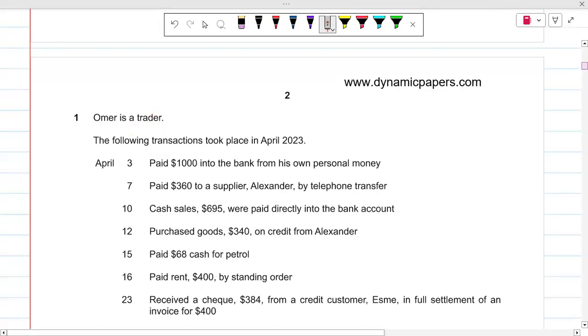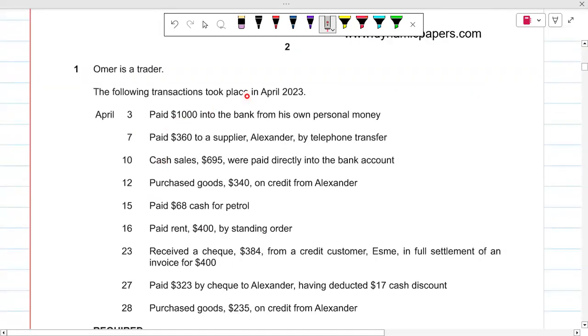The following transactions took place in April 2023. April 3: paid $1,000 into the bank from his own personal money.